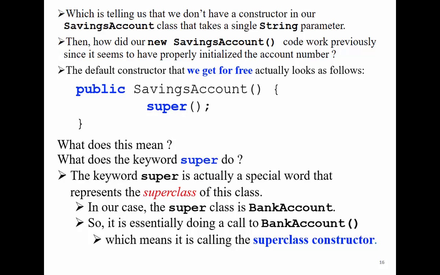It will go to the bank account, nothing there. That is your question. If there's no argument constructor inside the bank account, then it will go to the object. Still this works. Yes.